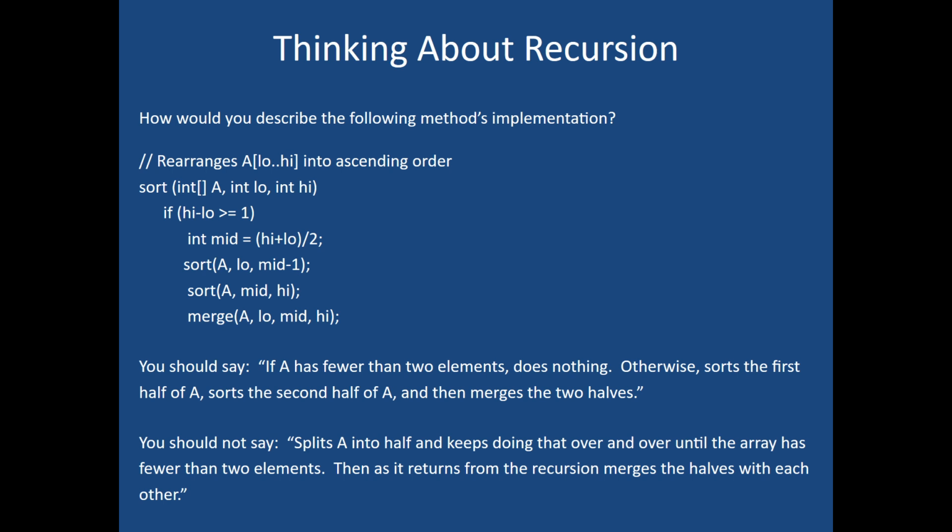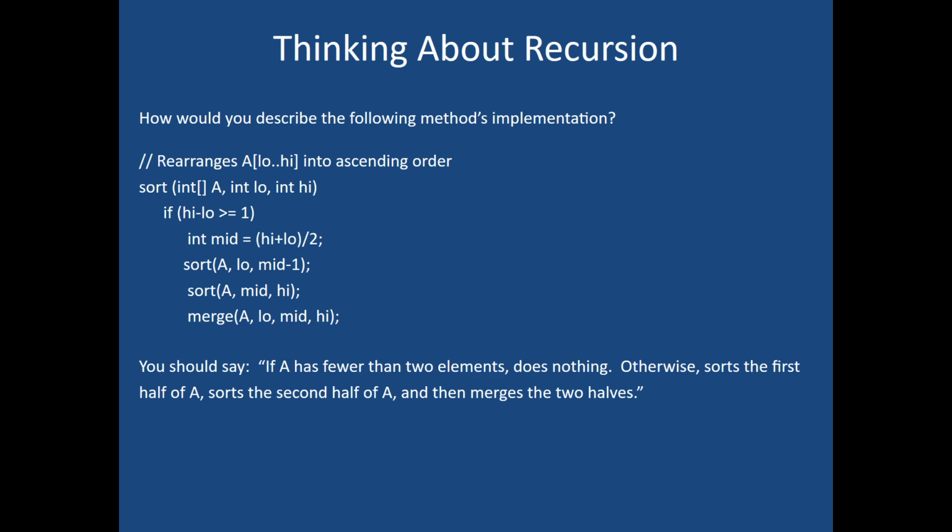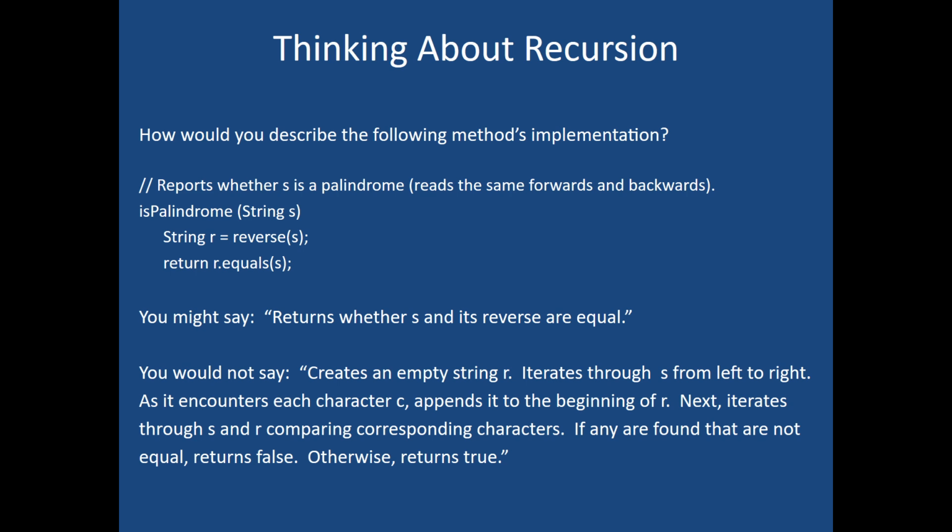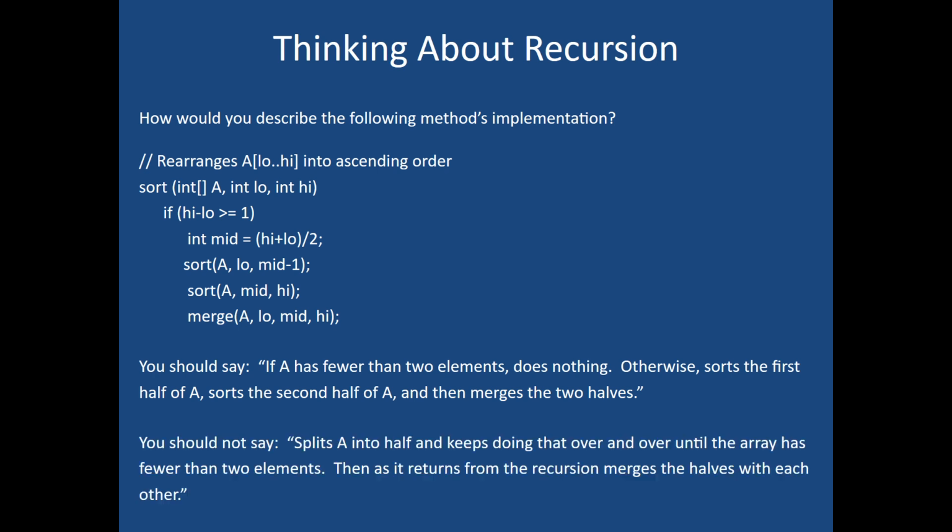Just because this is a recursive call doesn't mean you should peer into the implementation and think about how this call is going to work. You just assume it does what it says it does. It sorts. And if you're willing to think abstractly about recursion, the same way you think abstractly about any other method call you ever see, then recursion just becomes a kind of method call.